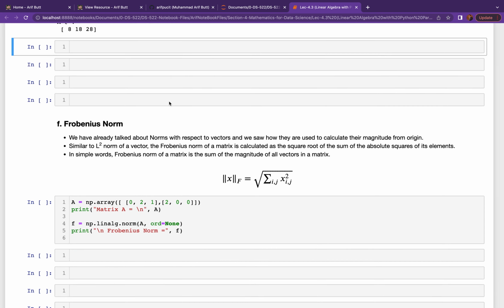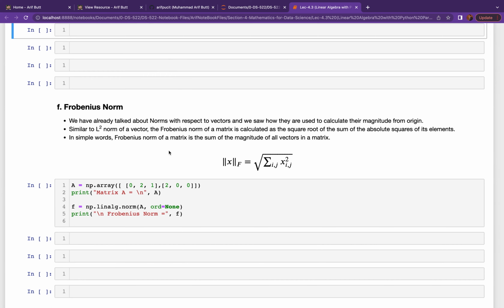Let me move on to the next concept, and that is Frobenius norm. My dear students, we have talked about the norms of vectors, which are functions that allow us to quantify the magnitude of vectors. The most common vector norm that is used in machine learning is L2 norm, that calculates the Euclidean distance from origin. And this Frobenius norm of a matrix is the sum of the magnitude of all vectors in a matrix.